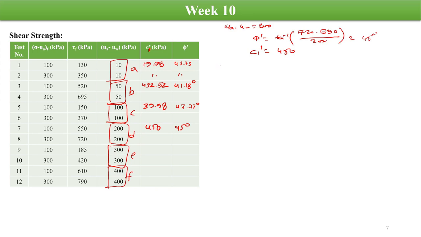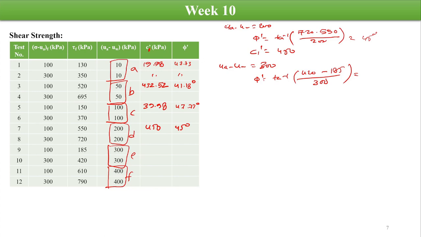And for the next one, UA minus UW is equal to 300. We will get phi dash is equal to tan inverse of 420 minus 185 upon 300.